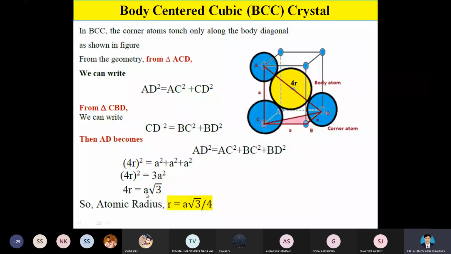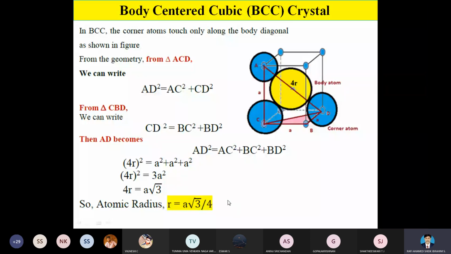So 4R is equal to A root 3. From this, the atomic radius R is equal to A root 3 by 4. So this is the third parameter: atomic radius R is equal to A root 3 by 4.